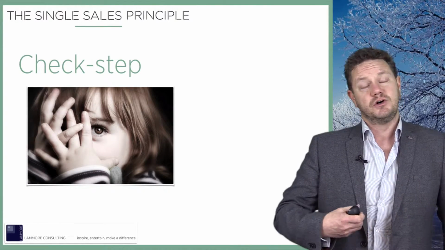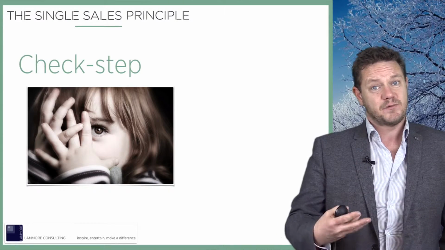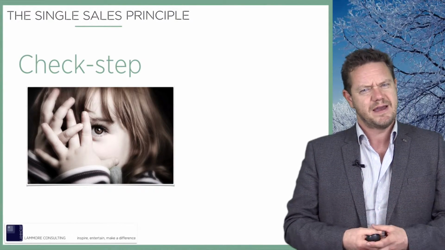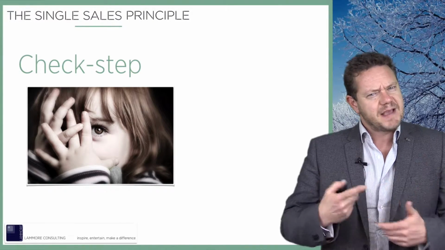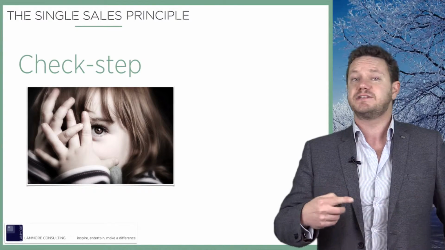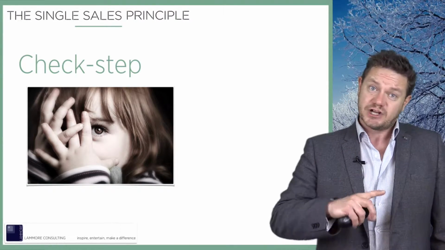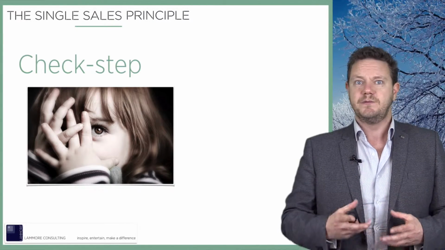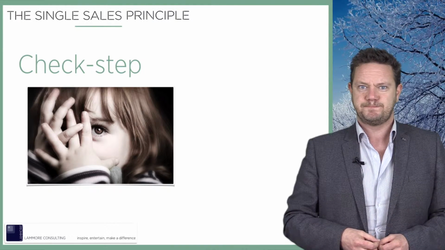So we need to make sure that in a nice, gentle and sensitive way we ask the question, is that everything? Have we covered all of the issues that you have with moving forward? To make sure that they've got the opportunity to express something. And if we believe that it's going to be a difficult or sensitive subject, which I'll come on to later, we do it in a very sensitive way, but it's really, really important to get that out there.